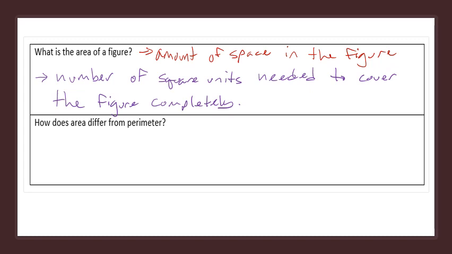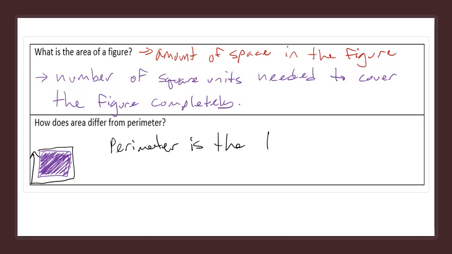The area is the amount of square units or space inside a figure, so how many square units are in that shaded region, whereas the perimeter is the distance around the figure.